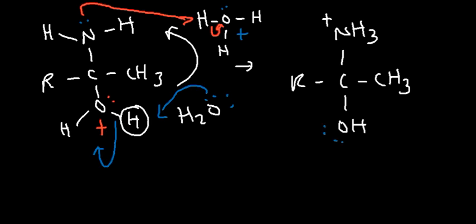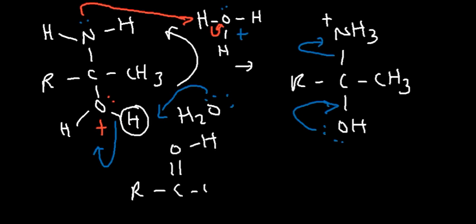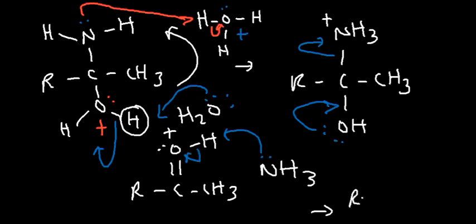So now what the alcohol is going to do is form a double bond, and at the same time it's going to kick out the NH3. So what we now have is a protonated ketone. So now we can use that NH3, because NH3 is a weak base relative to water. So it's more basic than water. So more likely it's going to grab this hydrogen. And now we have our ketone.